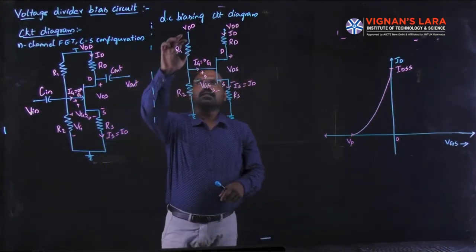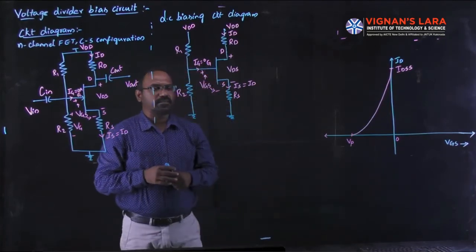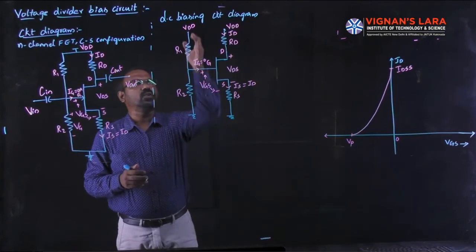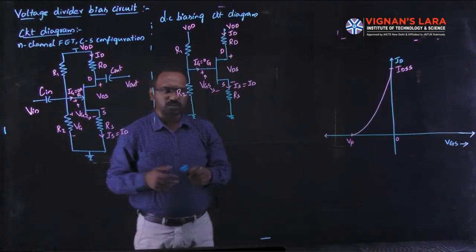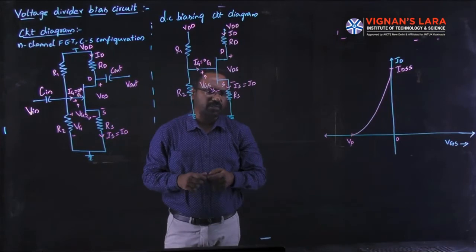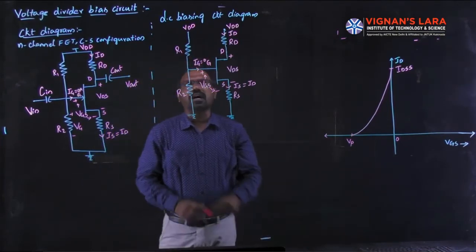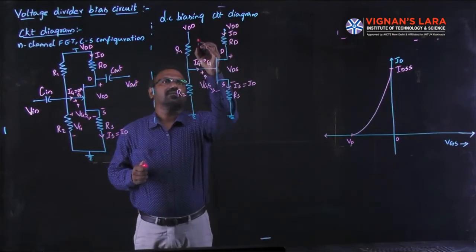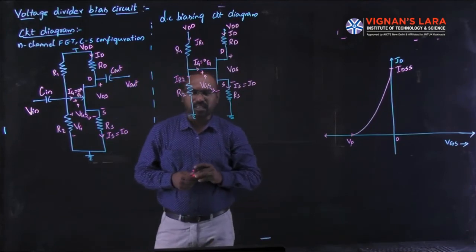Right, now come here. Since the gate current is 0, there is no current flowing through the gate. This means whatever current is caused by this VDD flowing through R1 will be the same through R2. I am assuming the current flowing through R1 is IR1, and the current flowing through R2 is IR2.